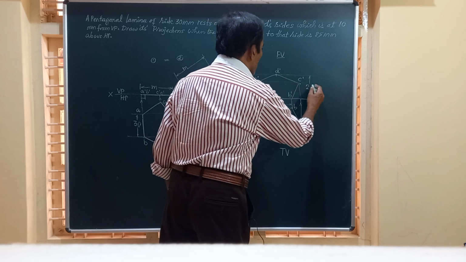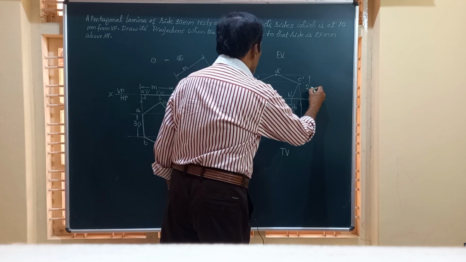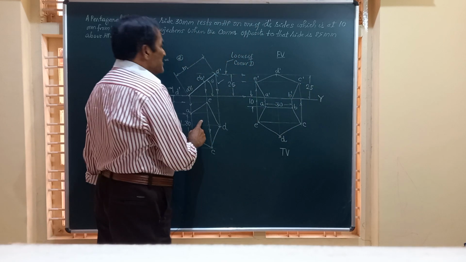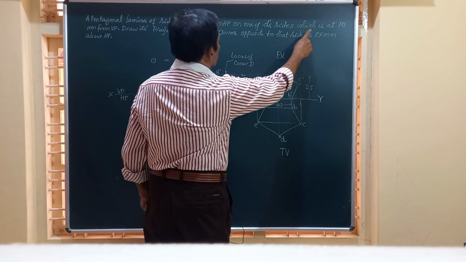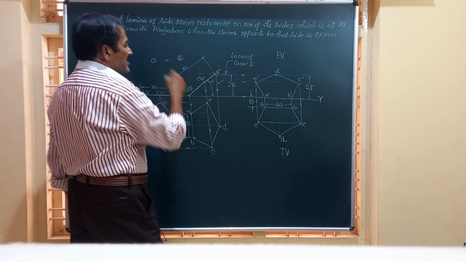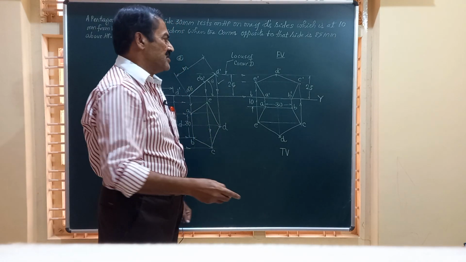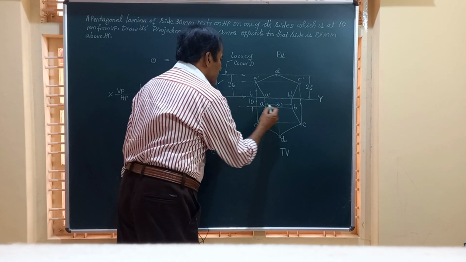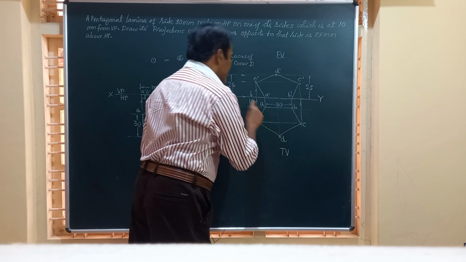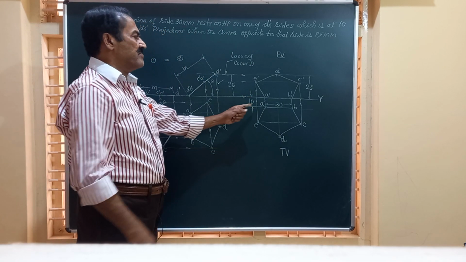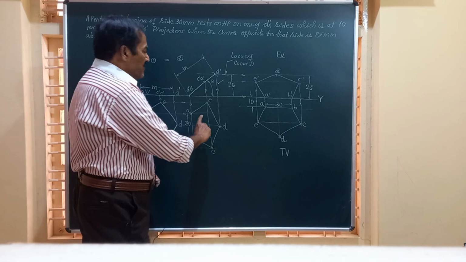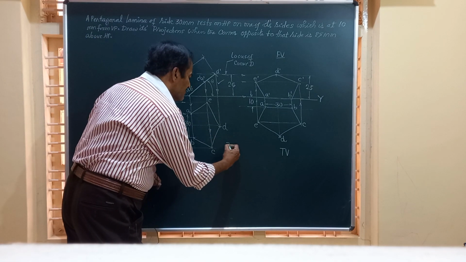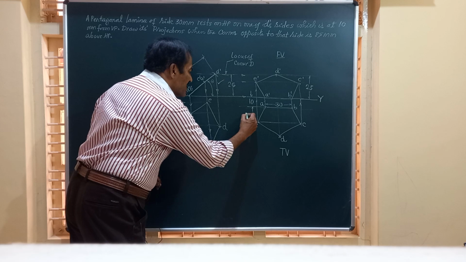Doesn't matter, 25. So friends, what do we do now? We have this top view and we are going to redraw this top view such that one of the sides is at a distance of 10 millimeter from VP. So I am going to draw a horizontal line here at a distance of 10 millimeter from the VP. And here I am going to redraw this figure number 3 as figure number 4.